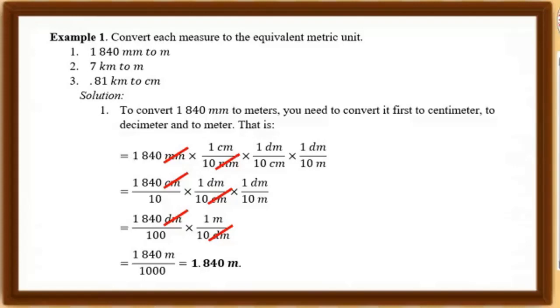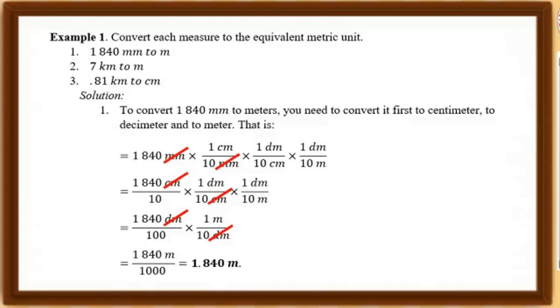To cancel the centimeter, we're going to convert this to decimeters. So we're going to multiply it by 1 decimeter over 10 centimeters. So to cancel centimeter, we have 1,840 over 10 times 1 decimeter over 10.